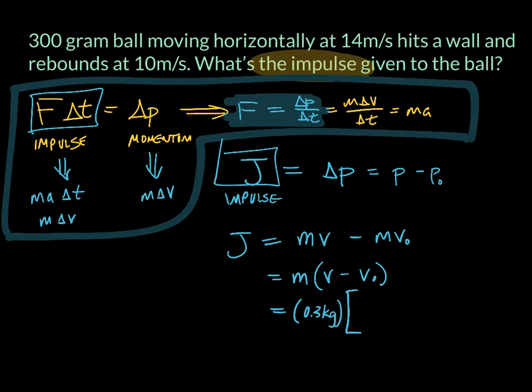If I throw it at the wall, if I throw it in a positive direction, when it rebounds, it's going in a negative direction. So that means I have a negative 10 meters per second, and then minus, since we're doing a change in momentum here, the initial speed of 14 meters per second. So 0.3 kilograms times a minus 24 meters per second.